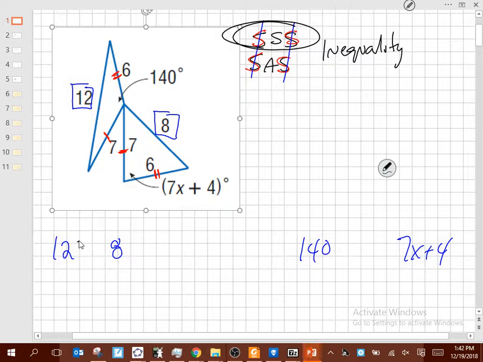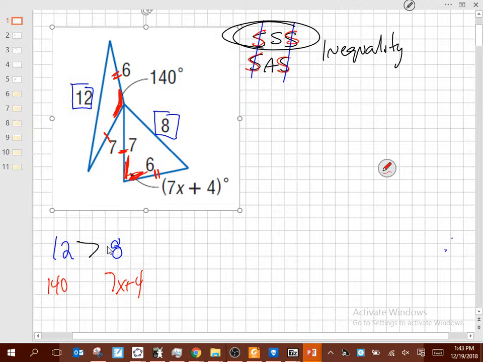Okay? Well, if 12 is bigger than 8, then let's go opposite 12. Opposite 12 is going to be that angle right there, right? So it'd be 140. Opposite 8 is going to be that angle right there. 7x plus 4, correct? Yep. The way that the sides are different is the exact same way that the angles opposite are different.